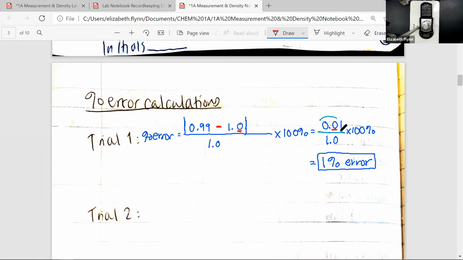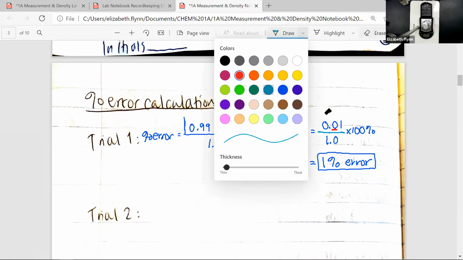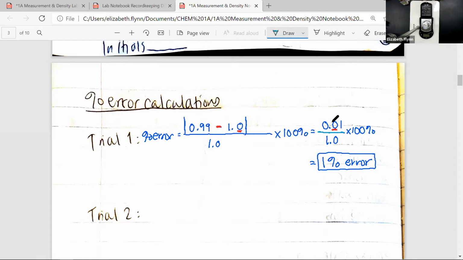But since we're now doing division, we have to take into account this one digit here. That would be the one precise digit, which would be one significant figure. So that means that our final answer needs one significant figure as well. Okay, so try that on your own on your trials and see how you do.